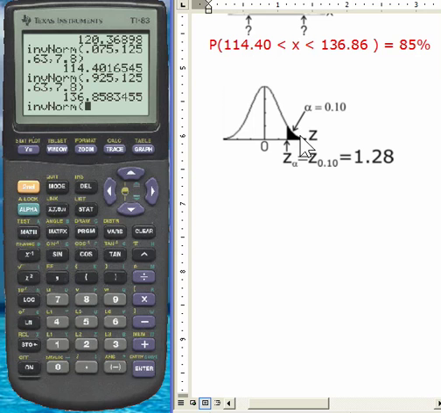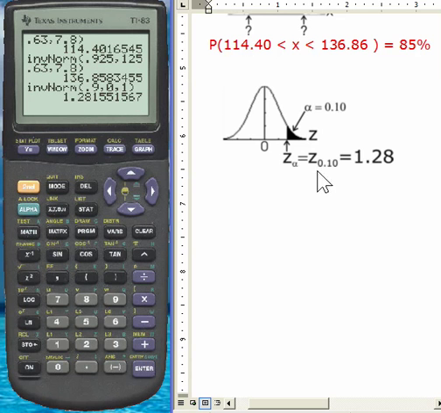So if the area to the right is 10% or 0.1, the area to the left must be 90% or 0.9. So I'll enter 0.9, comma. Now this is the Z distribution, so hopefully you remember the mean is 0, the standard deviation is 1. Now hit the right parenthesis, hit enter, and so this point on the number line is 1.28.